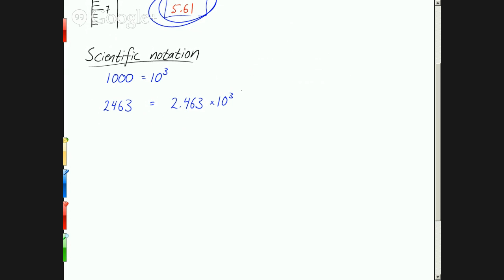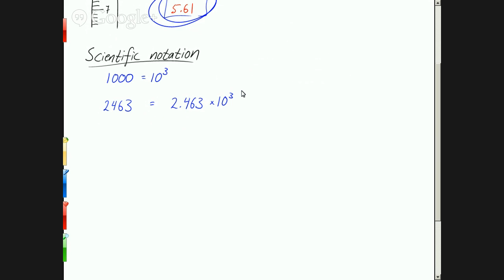How do we come up with that? Like multiplying 10 by 2.463. Yeah, and then again and again. And that's correct. But the easier way to think about this and to always be able to convert this is to simply move that decimal place.